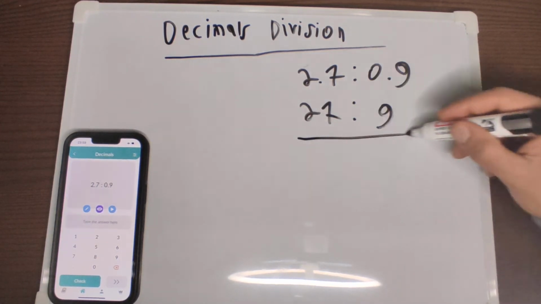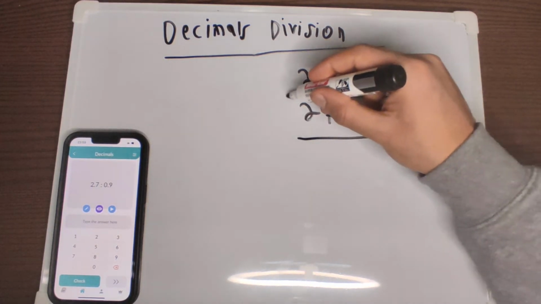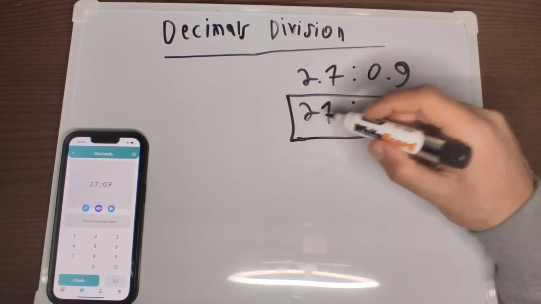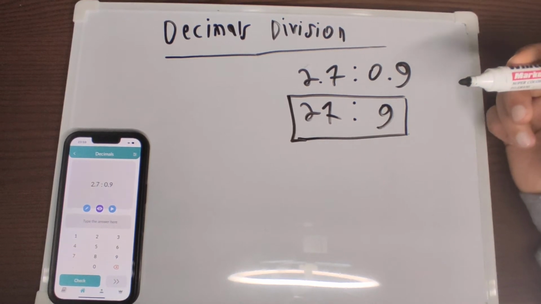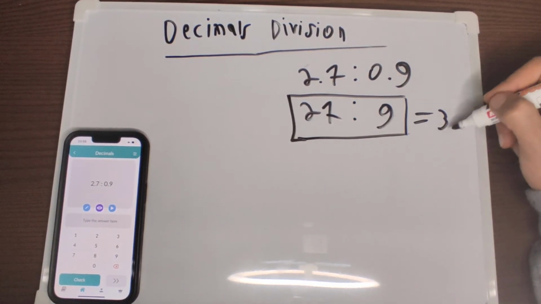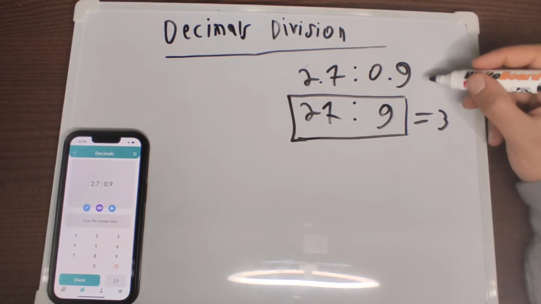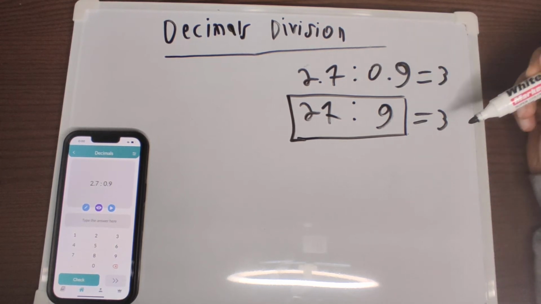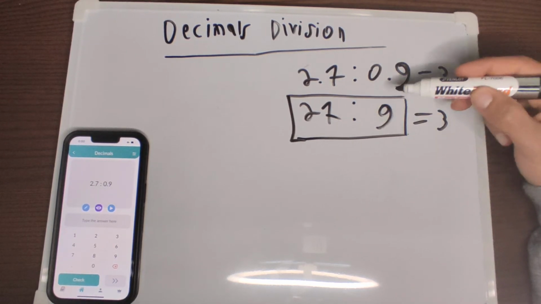So this exercise is much easier because it has normal numbers. We can solve it however we like. So the result here is 3, we know it, and therefore the result here is also 3 because it is actually the same exercise.